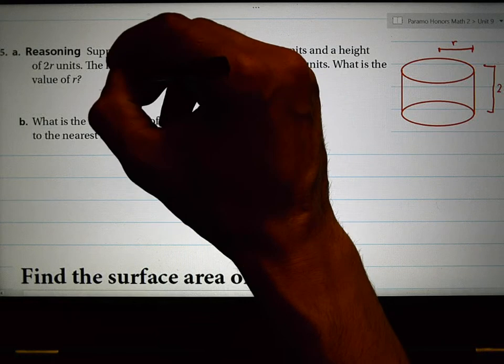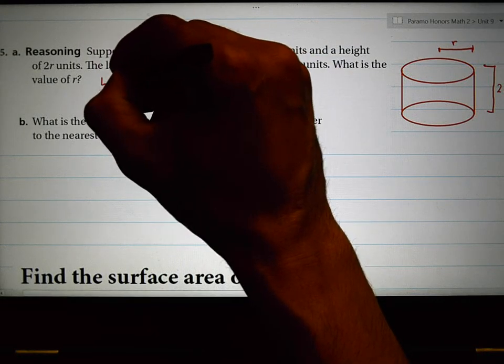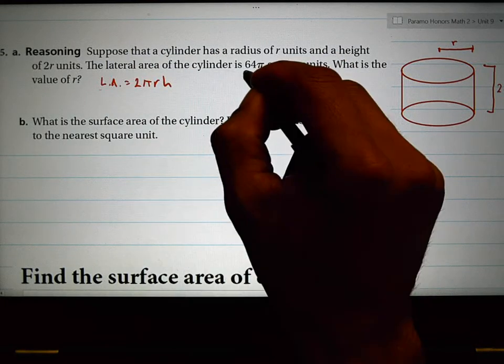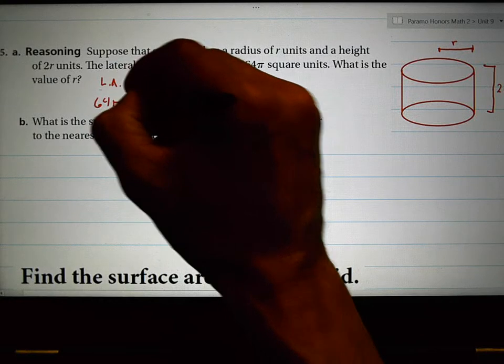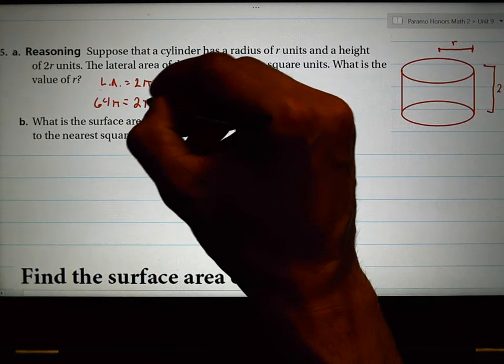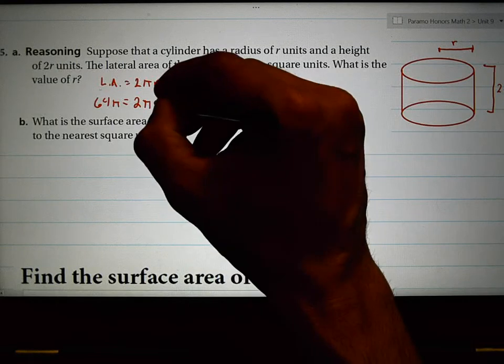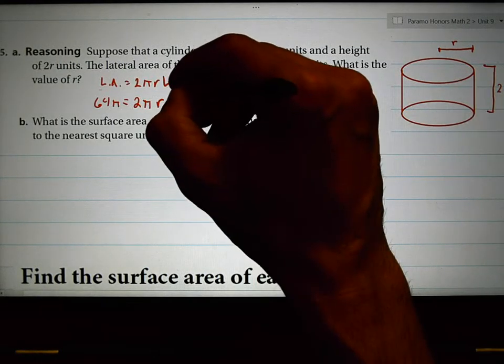My lateral area is equal to 2 pi rh. It tells me my lateral area is 64 pi. 64 pi equals 2 pi. What's my radius here? R. I plug r in for r. What's my height here? 2r.